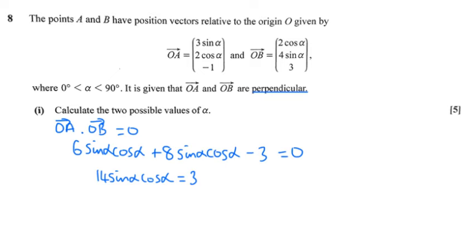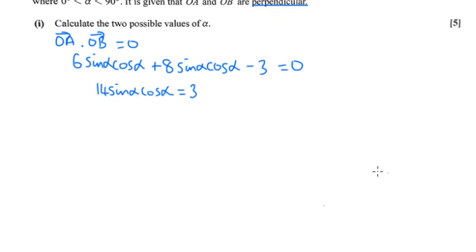Now the key to this question, I think, is knowing your double angle formulae, and knowing that if you've got a sine alpha cos alpha, you can turn that into one of your double angles, the sine 2x relationship. Sine 2x is the same as 2 sine x cos x. Usually in C3 we'd only be expected to use this one way.